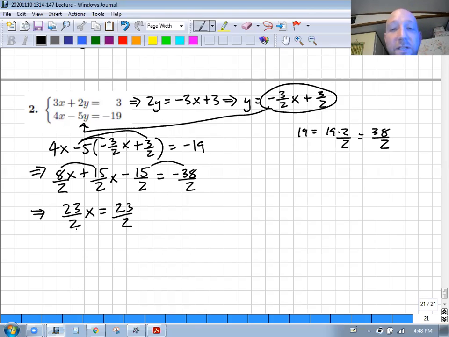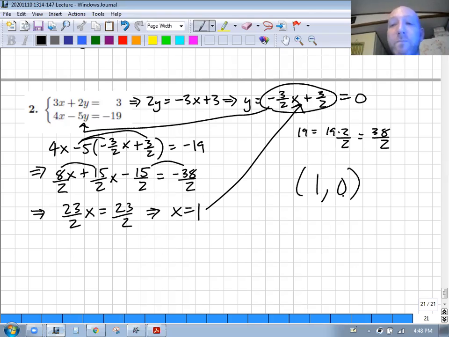So if 23 halves x is equal to 23 halves, all right, that means x is equal to 1. Knowing x is equal to 1, we got 3 halves plus 3 halves is 0. So the solution here is 1, 0. Let's check.